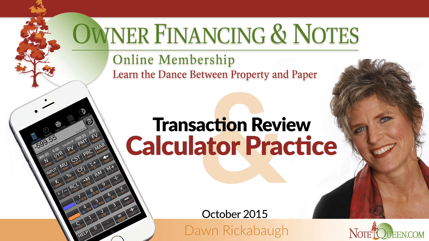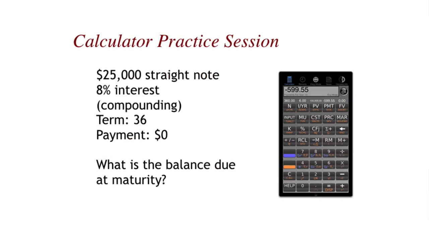Let's just get in on it. The first thing I'm going to do is our regular calculator practice session. So get out your calculator and follow along, or try to get the answer before I show it. Let's say you've got a $25,000 straight note. A straight note is a note where there are no installment payments. All the interest and principal is due at maturity, at the end.